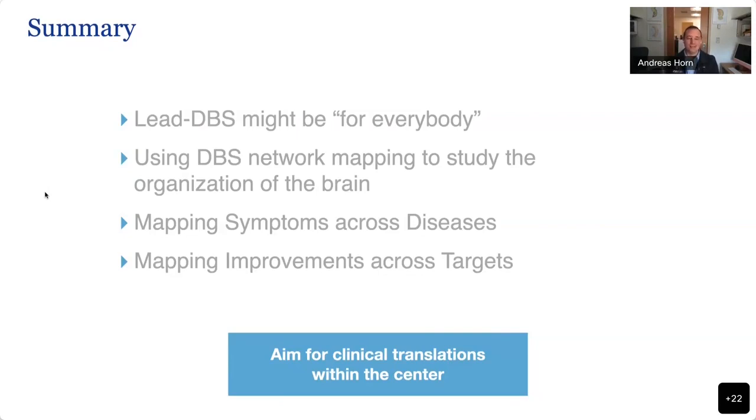Happy to help in case anybody wants to look into it. And maybe I could convince you that we can use these invasive neuromodulation ideas like deep brain stimulation to study the organization of the brain to some degree, and then also to map symptoms across diseases and map symptom improvements across deep brain stimulation targets.